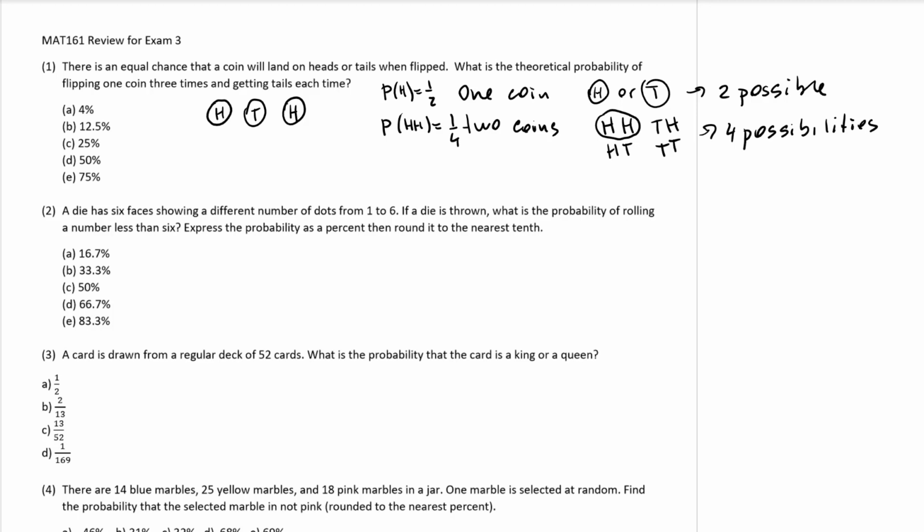When there are 3 coins, as in this question, then writing out the possibilities becomes a little bit longer, but it's still possible. So for the 3 coins, I like to do it this way. I like to write the possibilities for 2, like this. And then I attach the 3rd coin. Let's say the 3rd coin ended up being tails.